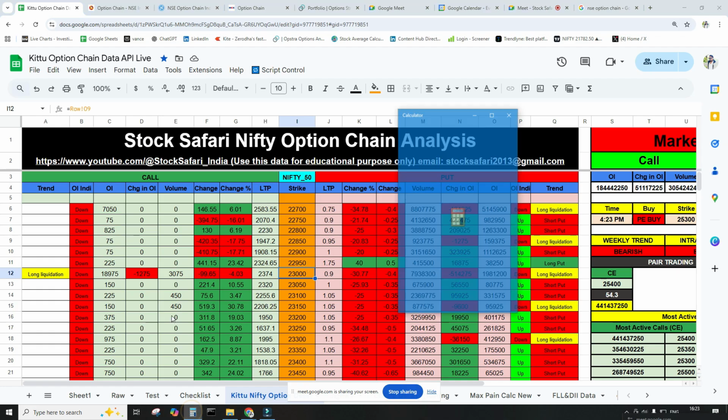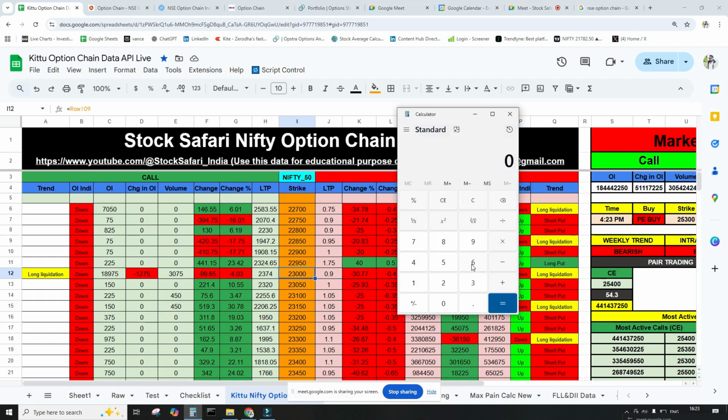We can also calculate the total pricing of this particular contract, into 2374. So for these 23,000 Nifty strike price contracts, the total contract size is around 4 crore 50 lakhs. This was the value of our particular contract.